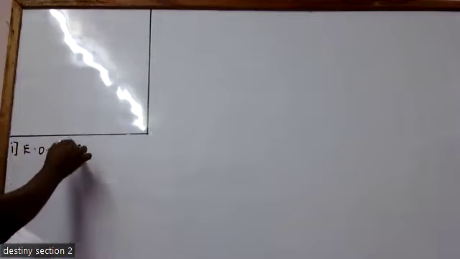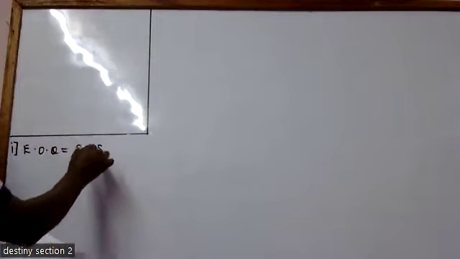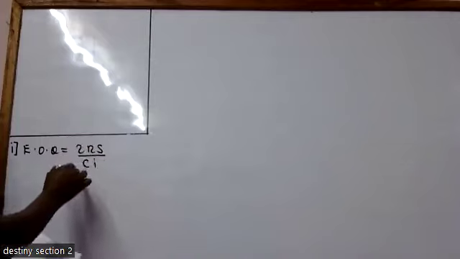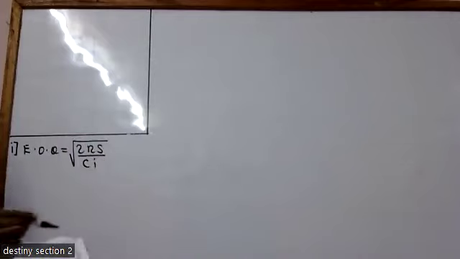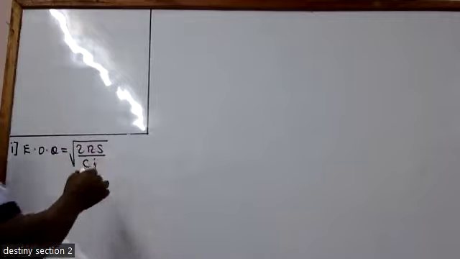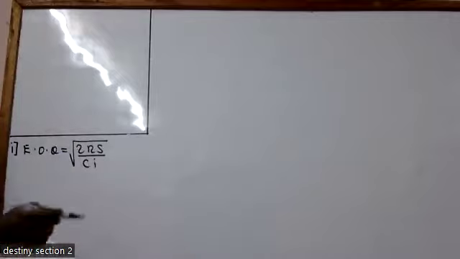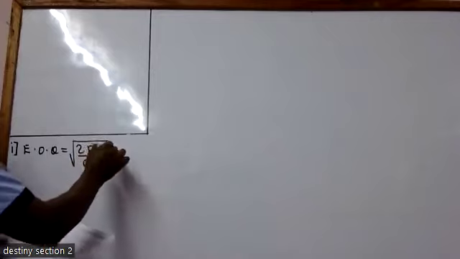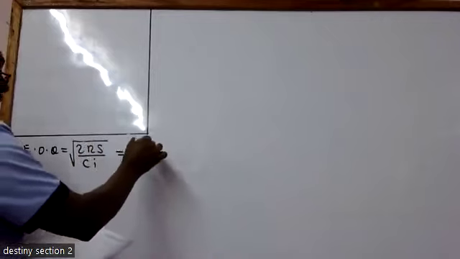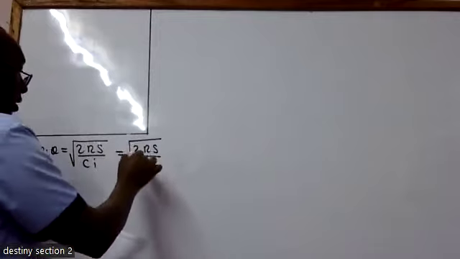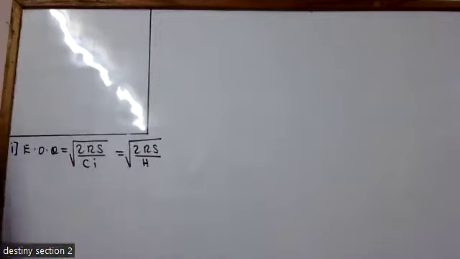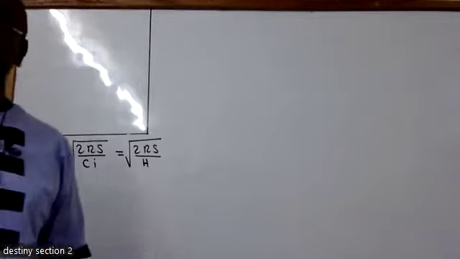EOQ is the square root of 2RS out of CR. And remember this one, you can also write it as the square root of 2RS out of H. The holding cost is the other word for carrying costs.